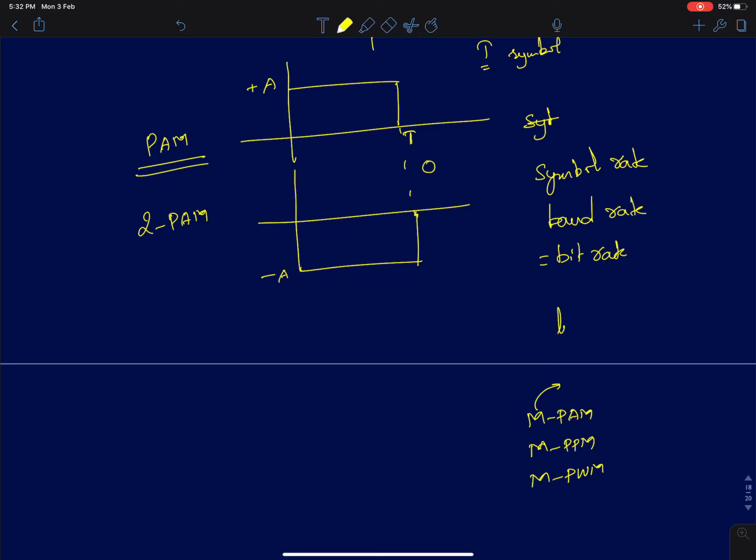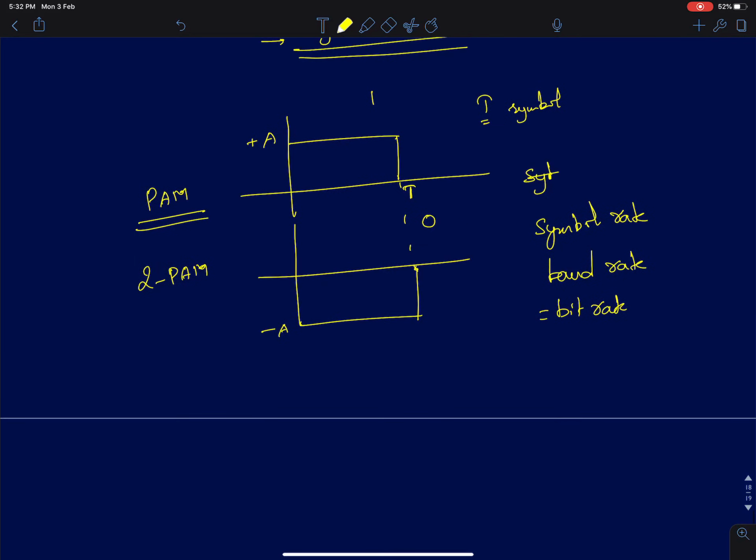So the number of bits is going to be log M to base 2. This will be your small m. M normally represents the number of levels of any modulation scheme, and the number of bits is log M to the base 2.